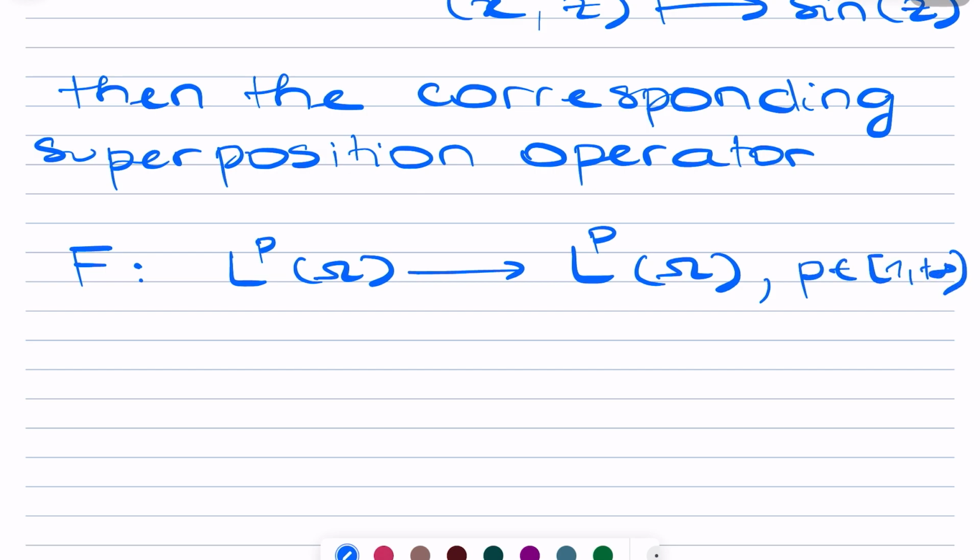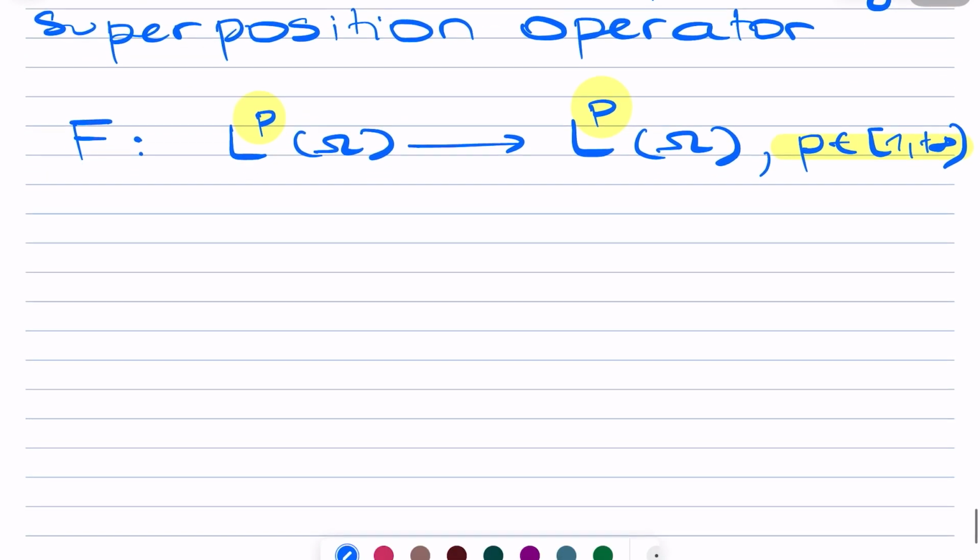So the superposition operator is actually defined by F of u of x equal to the sine of u of x.